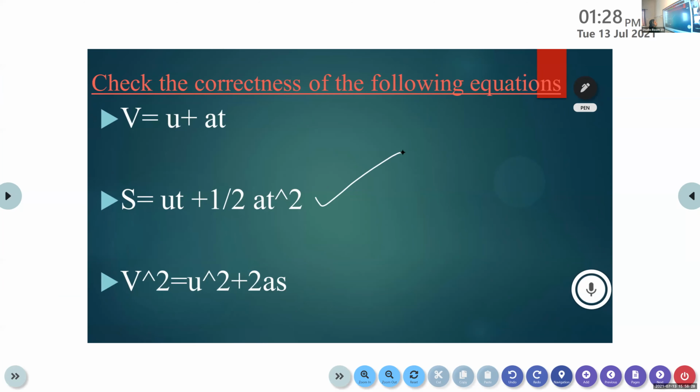This is also our second equation of motion. This is the displacement time relation in physics, the second equation of motion. First of all, you differentiate each term present in this equation.